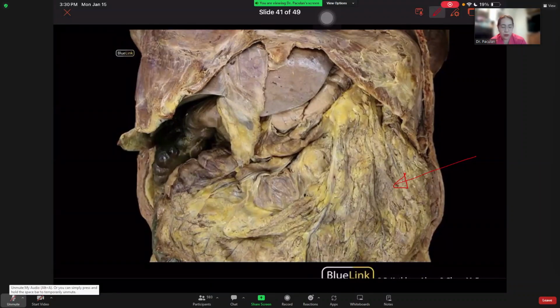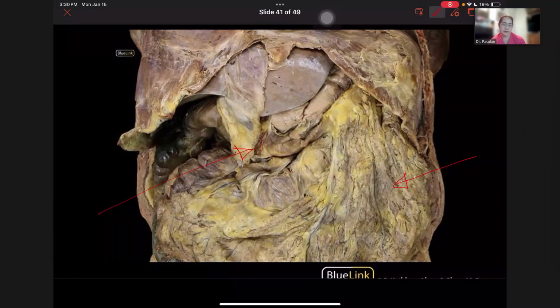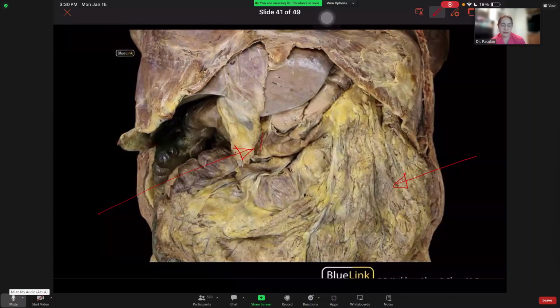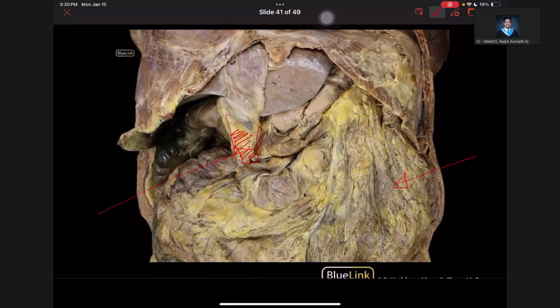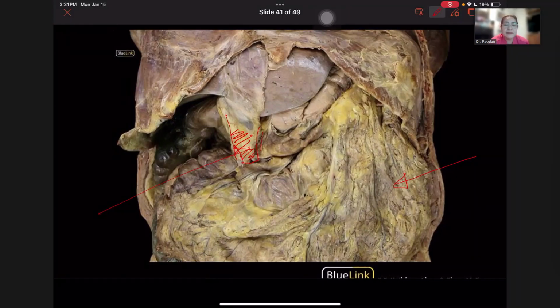And what about this? It's tubular. Round ligament of the liver. Very good. Round ligament of the liver.